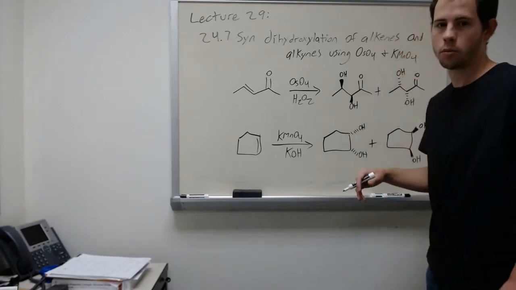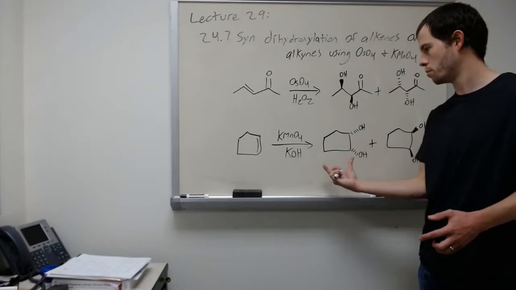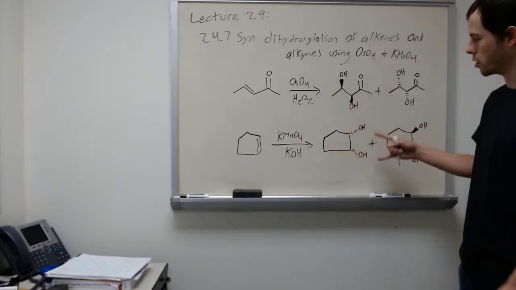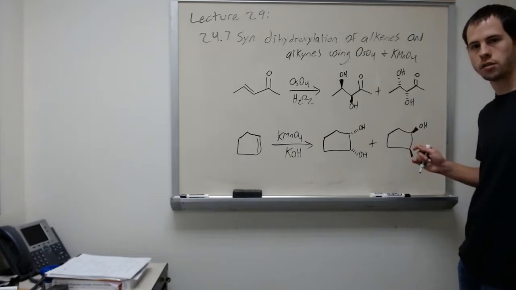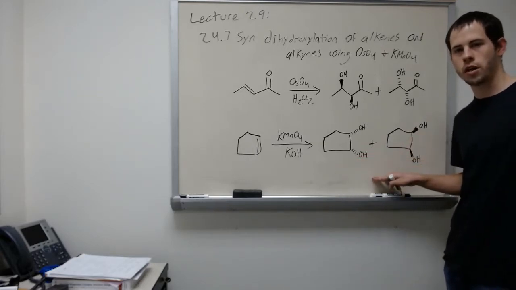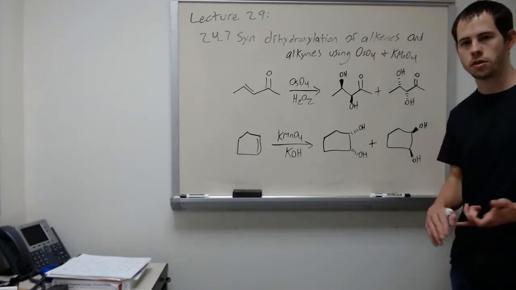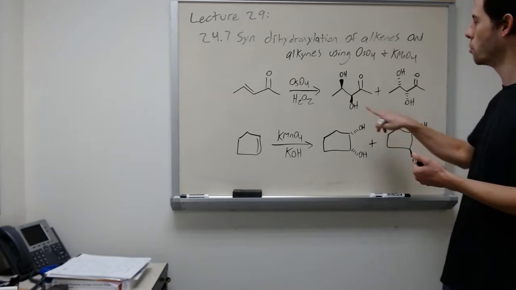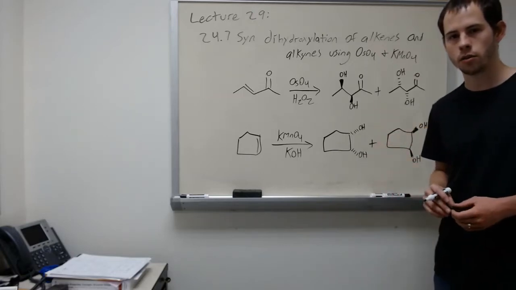Again, it can approach the double bond from either the back face behind the board or the front face in front of the board, putting OH groups on each of those sides. You should think about the relationship between these compounds, so revisit the meso, diastereomer, and enantiomer definitions from the spring and determine the relationship between these molecules.